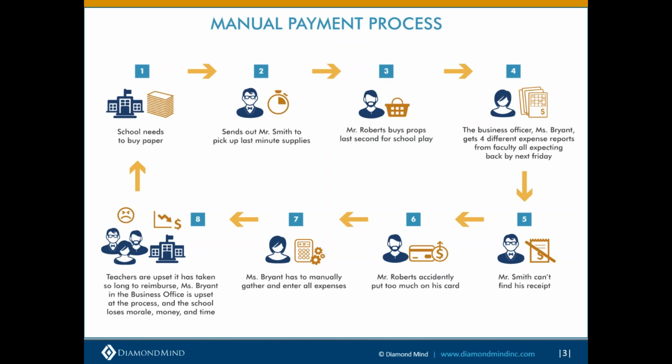And so by the time we get to step 8, we've got really quite a bit of a situation where, again, employees or staff are waiting for reimbursements, the business office is waiting for documentation, and it's a completely antiquated process and everybody's wondering or asking or yelling, well, there's got to be a better way to do this.